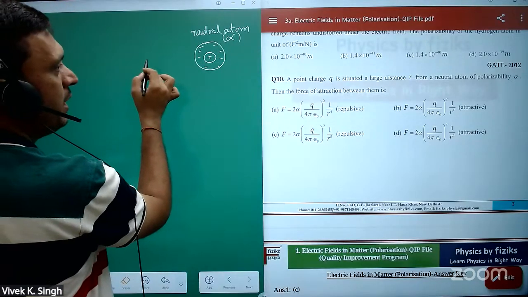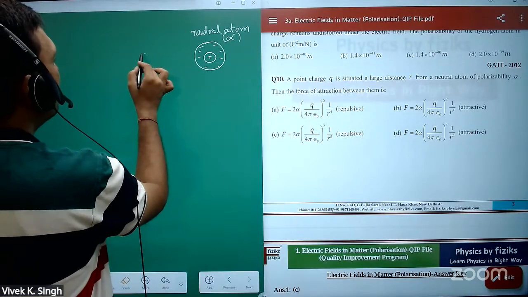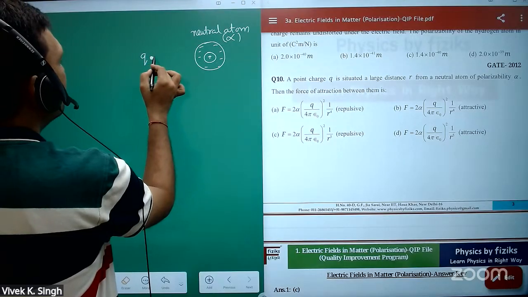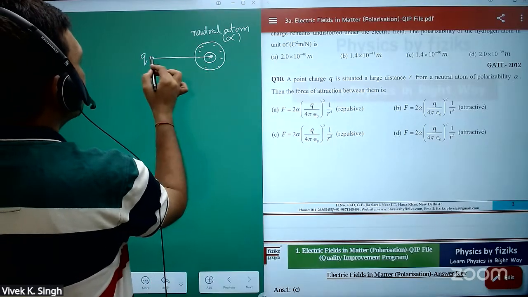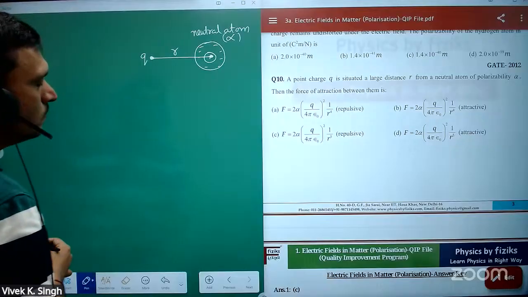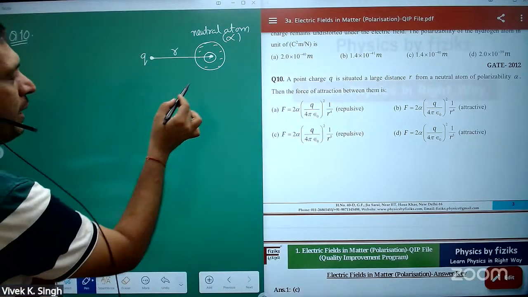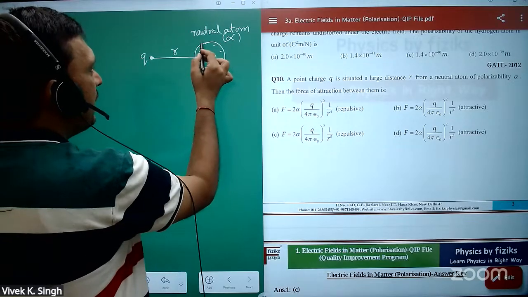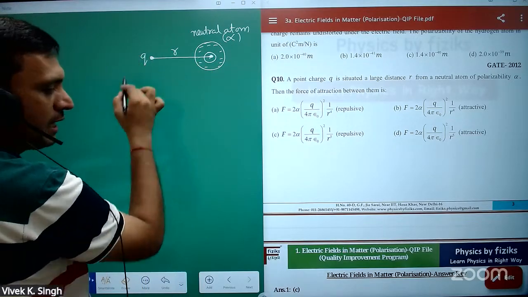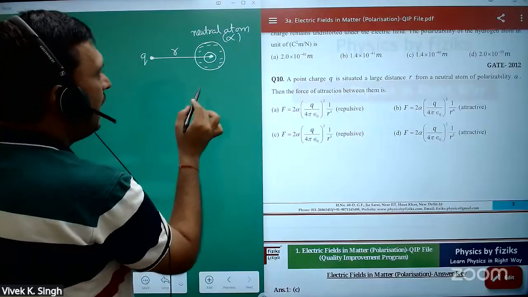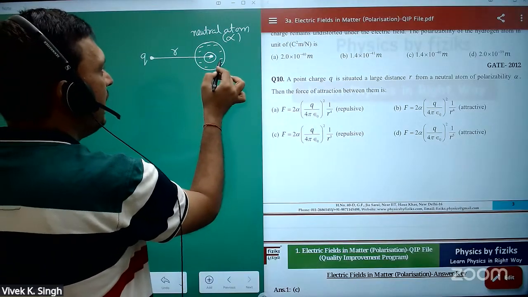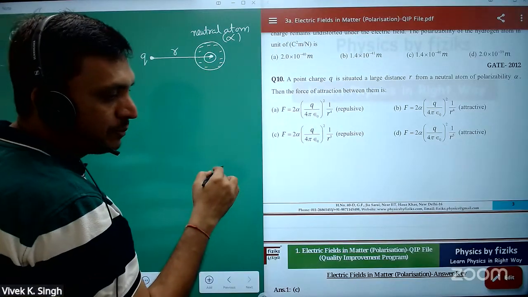Now you are placing a point charge Q that is r distance away. So what will happen? Now this atom is in the external field of the charge Q. As a result, this neutral atom becomes polarized.